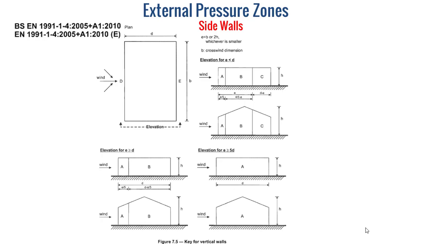Now, for the external pressure zones, it's determined for the sidewalls based on the model that you see now in this slide. And here E is the smallest between the crosswind breadth B and 2 times the height of the building H. So E will be equal to 10 meters. And D, which is the in-wind depth, is also equal to 10 meters.